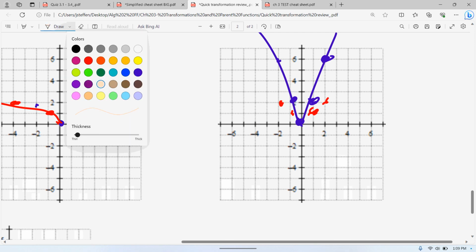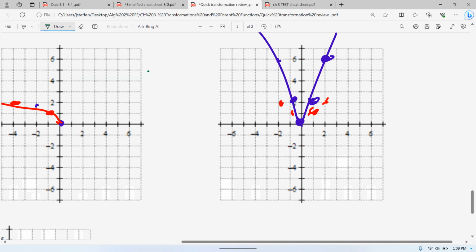So we need one down, 1, 2, 3, 4, 5, 6. The next one's down 2, so we have down 2, down 2. That is your parabola. So again, don't be confused if it opens up or down. Just do what it says and go slowly.